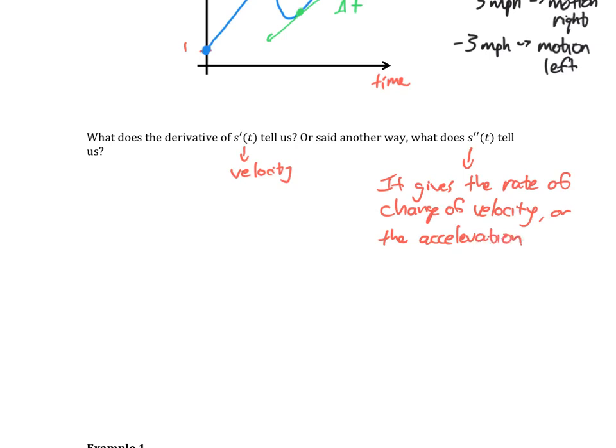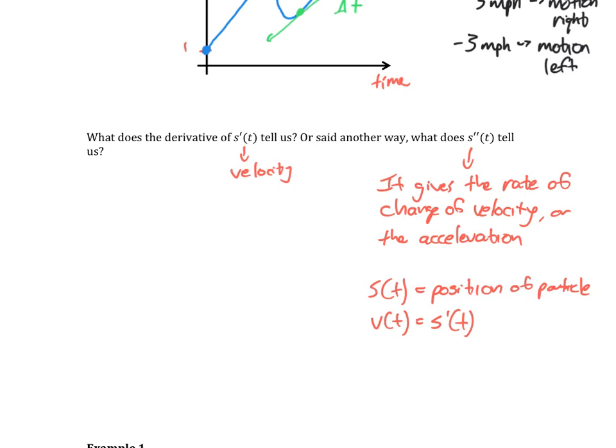So if we think about the hierarchy, s of t is usually used to represent position, not always, but s of t usually represents the position of your particle. V of t is s prime of t.